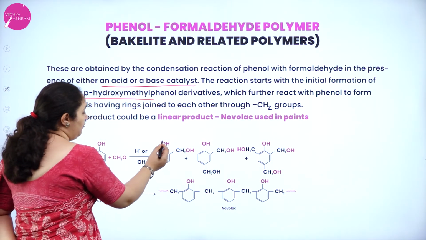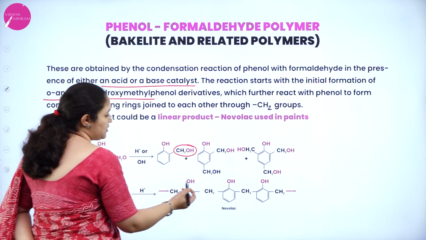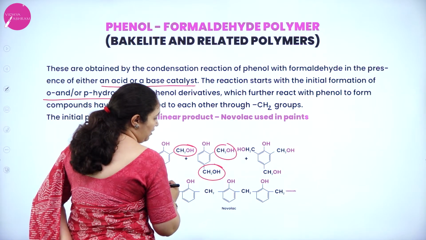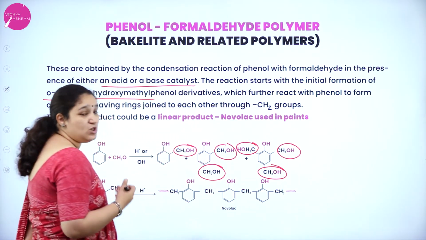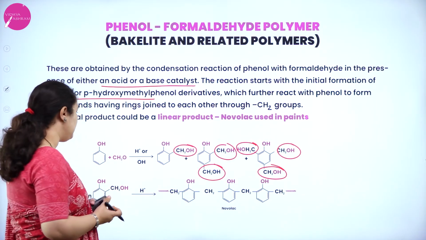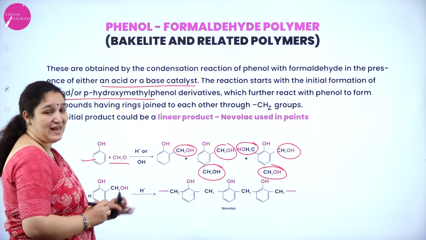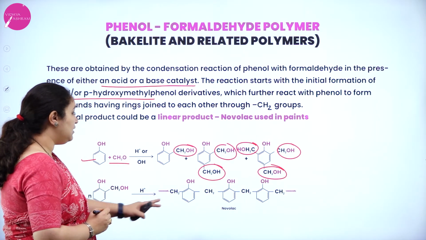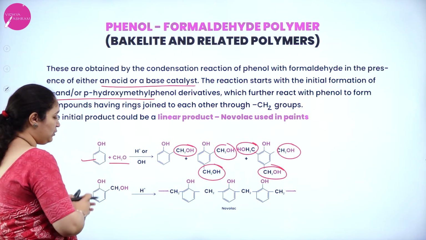You can see here phenol OH group, you get the CH2OH group in ortho position, or in para position, or it can be in both the ortho as well as the para position. So different types of products are possible when you're heating phenol with formaldehyde in the presence of an acid or a base.